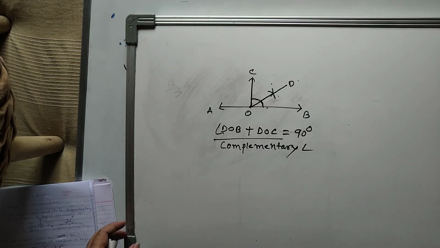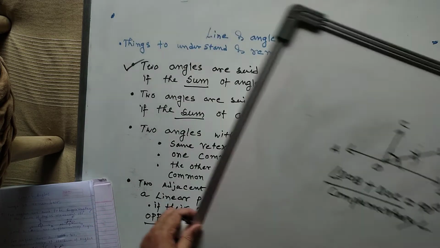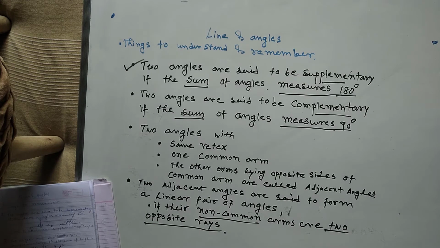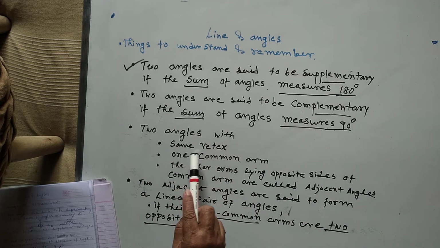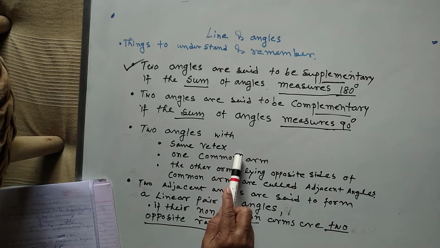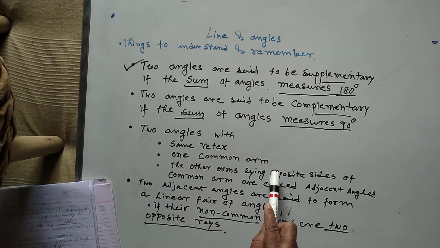Okay, next is two angles with the same vertex, one common arm.